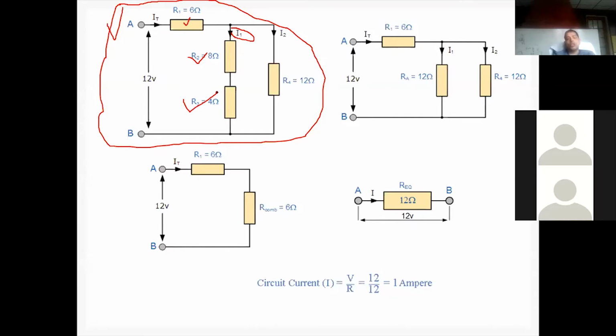Okay, so when they are connected in series, what is the formula you use? RS equals R1 plus R2. In our case, RS equals R2 plus R3, right? So then what is the total? 8 plus 4 is 12. That's my total.